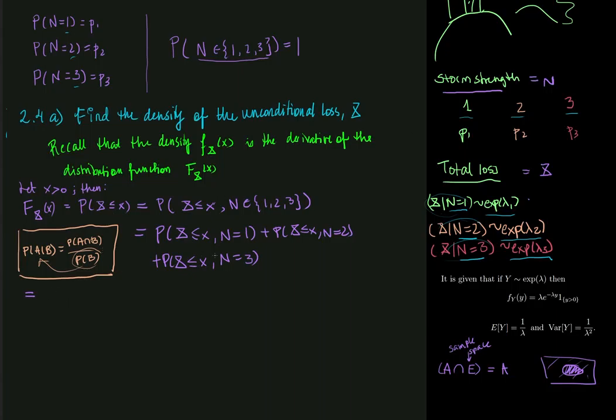So this is equal to the probability that x is smaller than or equal to little x given n equals 1 multiplied by the probability of what we condition on, which is n equals 1, plus the probability that x is smaller than or equal to little x given n equals 2 multiplied by the probability that n is equal to 2, plus the probability that x is smaller than or equal to x given n equals 3 multiplied by the probability that n is equal to 3.